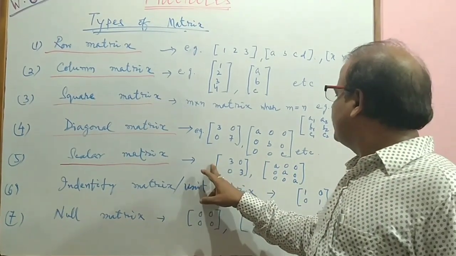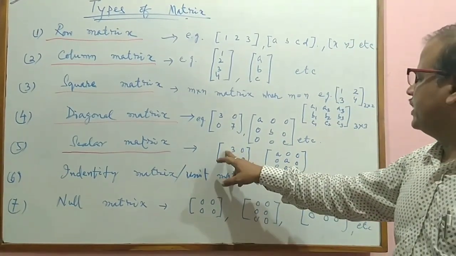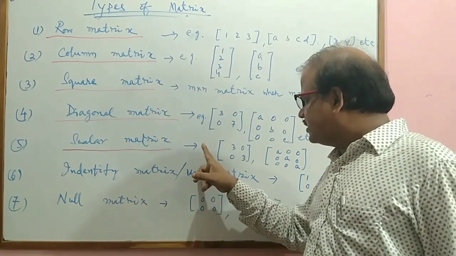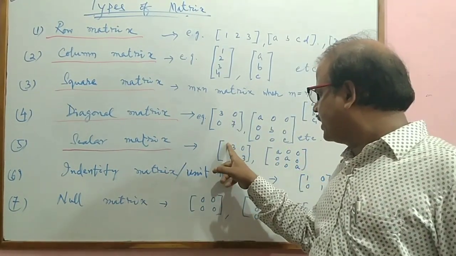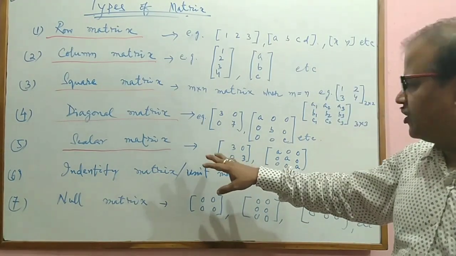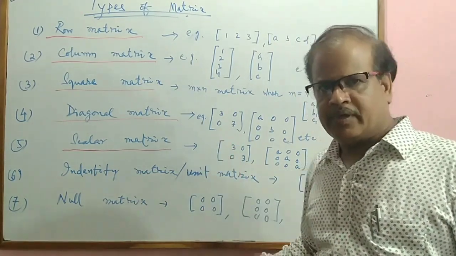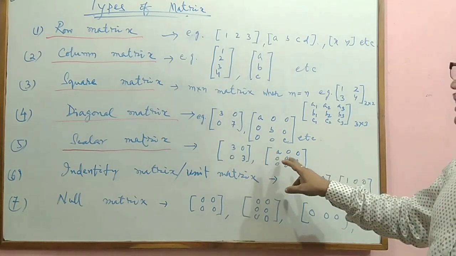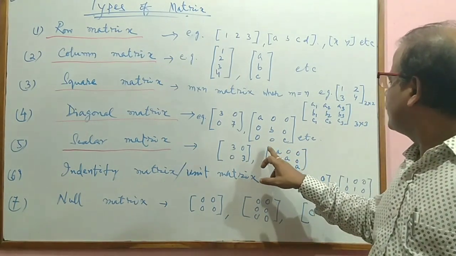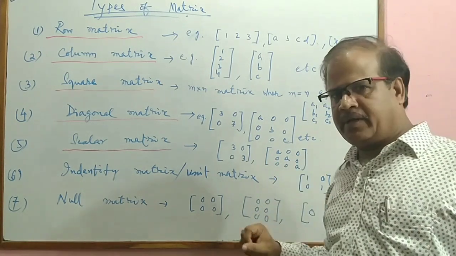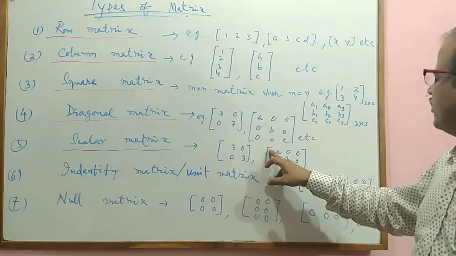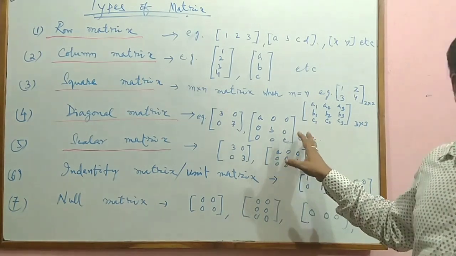For example, 3, 0, 0, 3 is a scalar matrix of order 2 where the diagonals are 3 and other entries are 0. The second one is a, 0, 0; 0, a, 0; 0, 0, a, whose diagonals are each a and non-diagonals are 0.